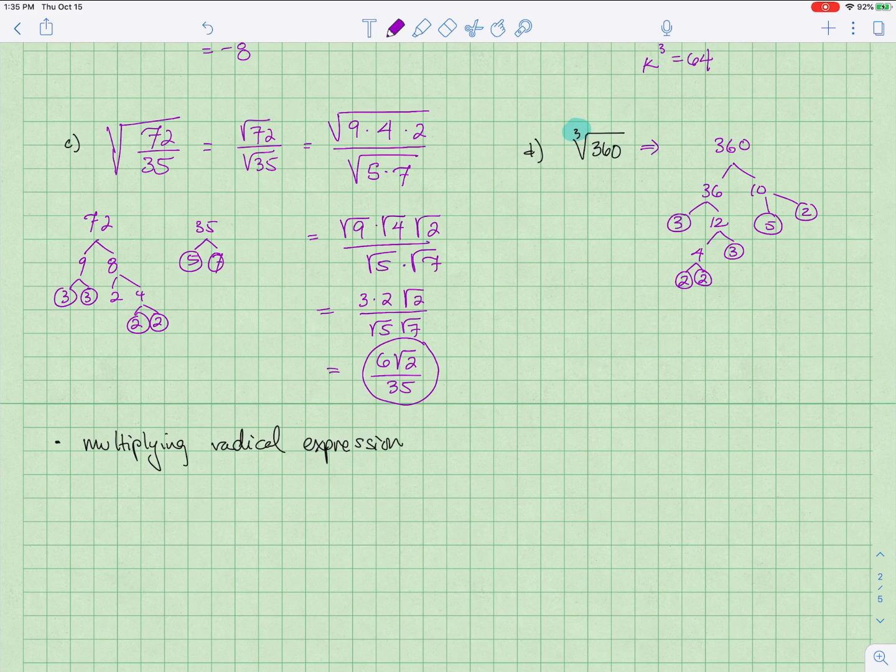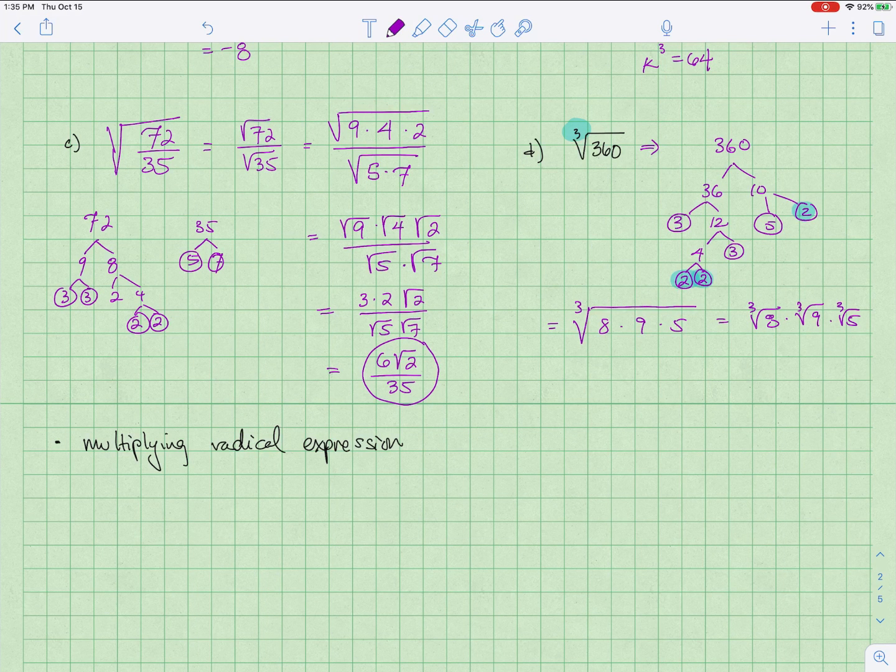So, in terms of perfect cubes and groupings, it looks like I have 3 powers of 2. So this is the cubed root of 2 times 2 times 2, or 8, 3 times 3, which is 9, and a 5. And I can break this up as the cube root of 8 times the cubed root of 9 times the cube root of 5.